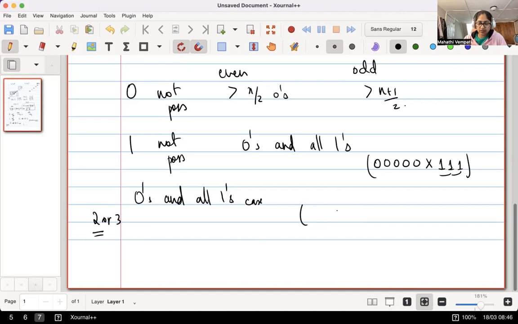The way to get a 2 is to always ensure that the zeros surround the ones. And we know this is possible because we already know there's greater than n plus 1 by 2 zeros or greater than n by 2 zeros. Yeah, that's it. So you get 2. Oh my God. That's it.